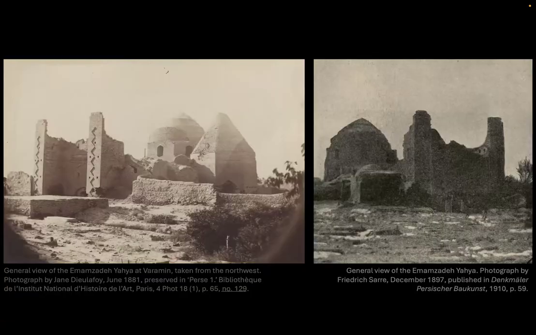Compared to Dieulafoy's digitized photograph, the published reproduction of Zare reveals far fewer details. The original glass plate of his photograph has not yet been located, but if found, it could offer much greater visual insight into what he witnessed.